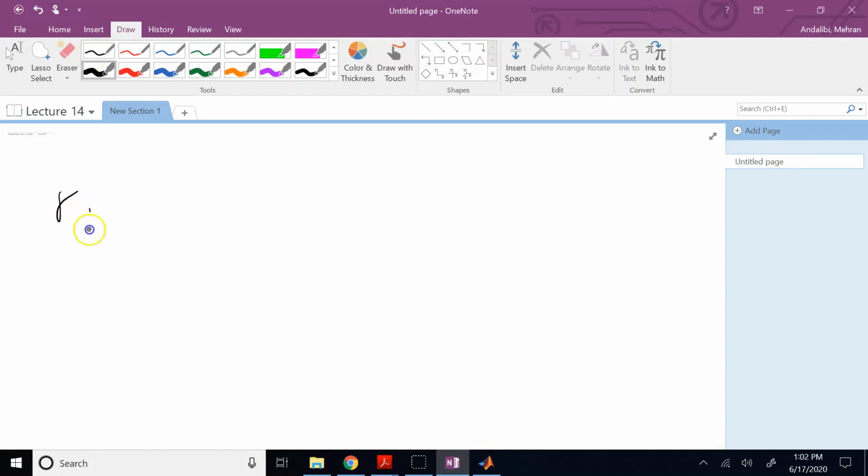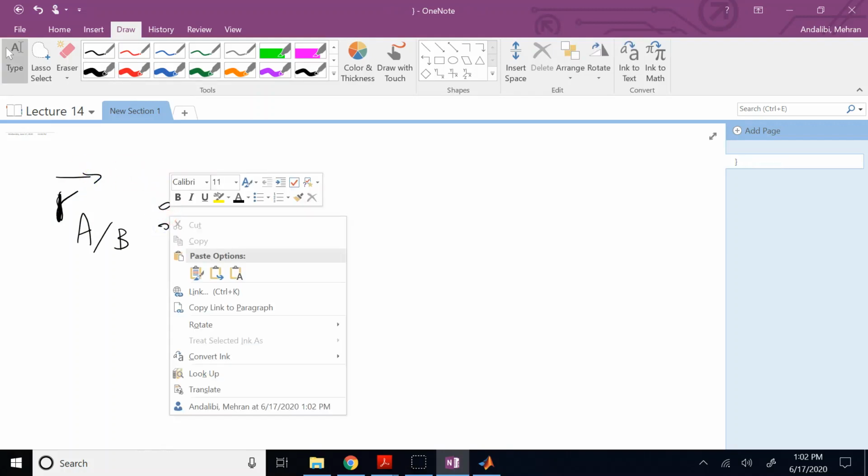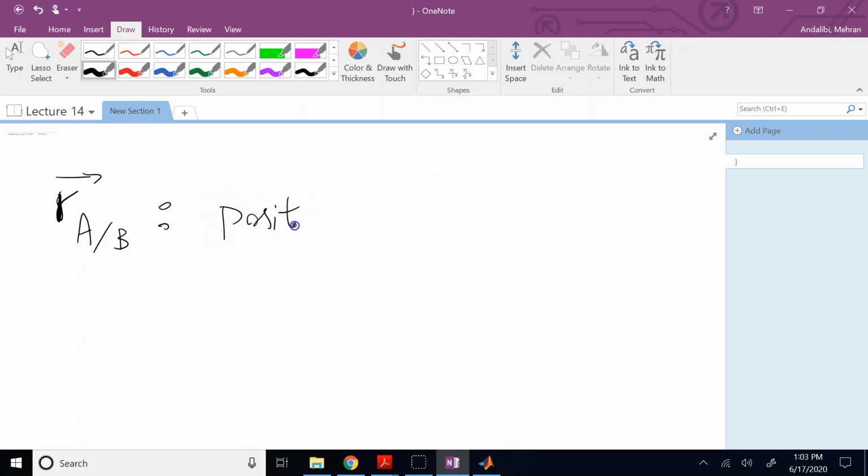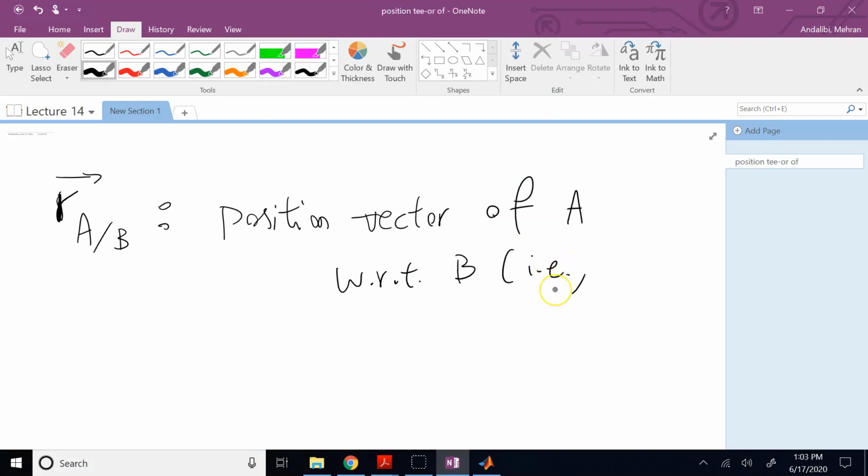When we say R of A slash B, this is the position vector of A with respect to B, i.e., it connects B to A, B considered like the origin and A considered like the desired point.